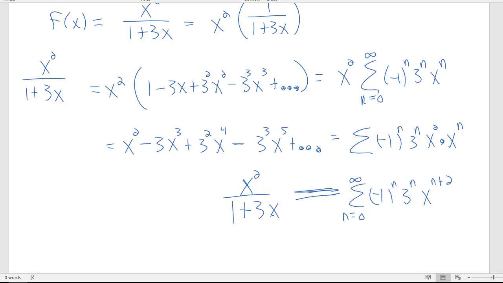Now, is it legitimate to take the derivative of a power series? Absolutely. So if I come back up here to the line before, x squared over 1 plus 3x is equal to x squared minus 3x cubed plus 3 squared x to the 4th minus 3 cubed x to the 5th plus dot dot dot. So if I can take the derivative of the function, I definitely can take the derivative of its power series.